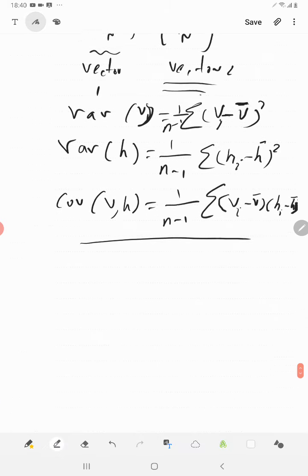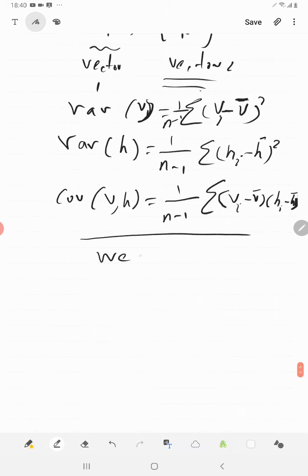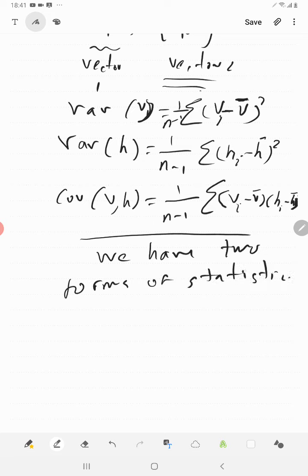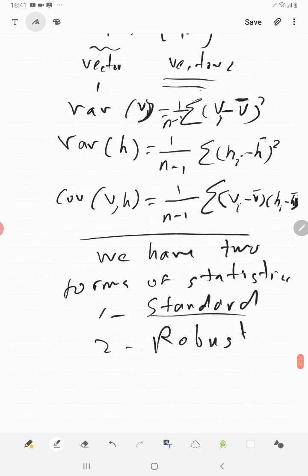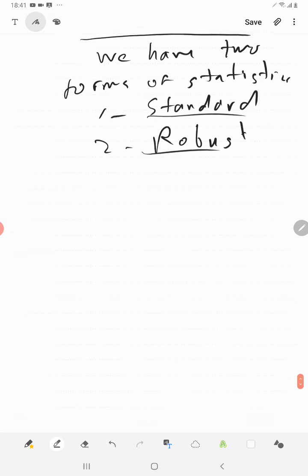Now, we have two forms of statistics. One is standard, two is robust. I'll show you what is the exact difference between these two.